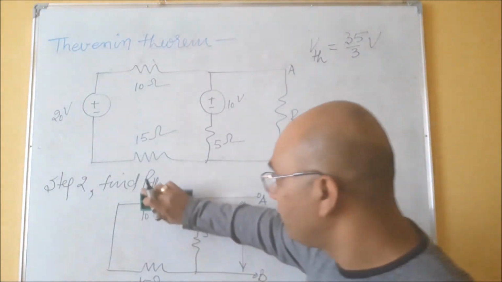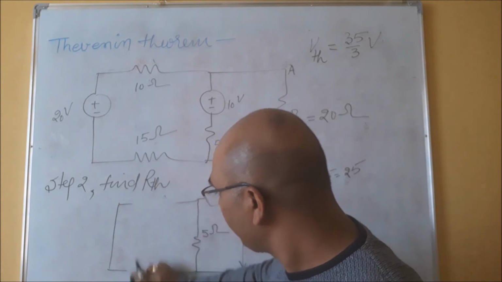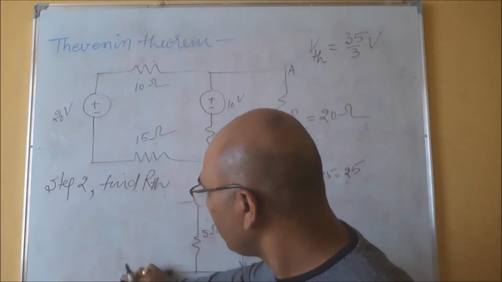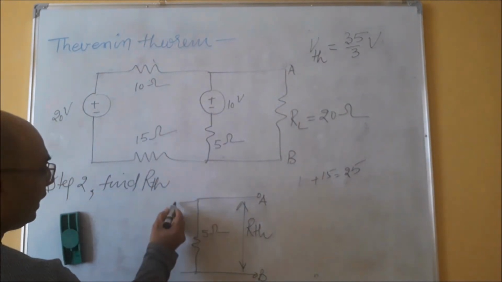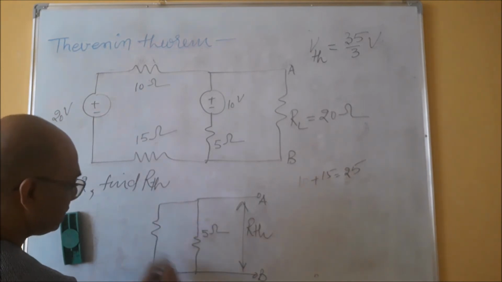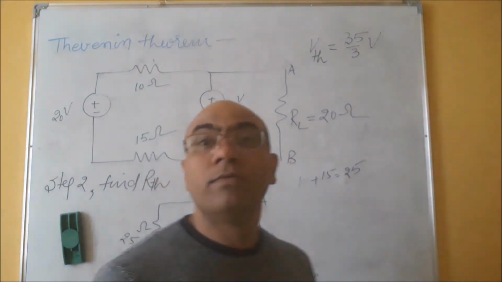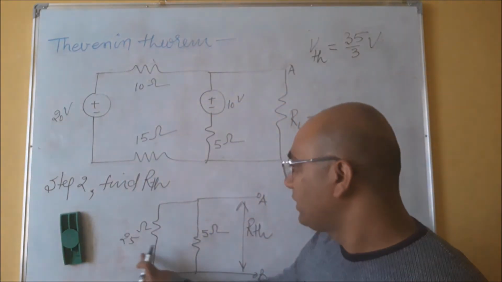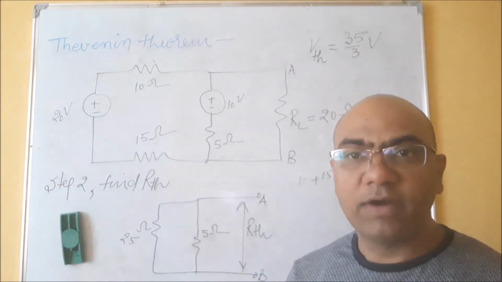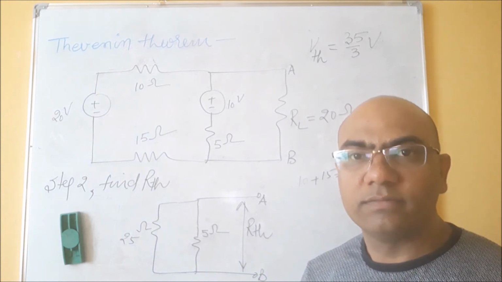Okay, so what can we do in the next step? We can make a single resistance in place of these two resistances, 10 and 15. So the values will be like this, 25 and 5.